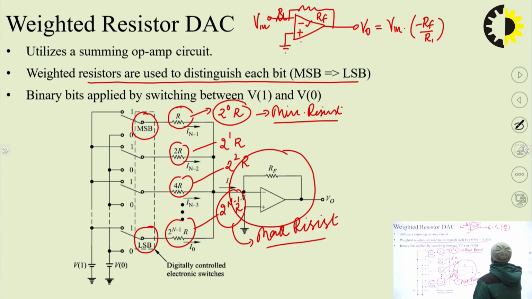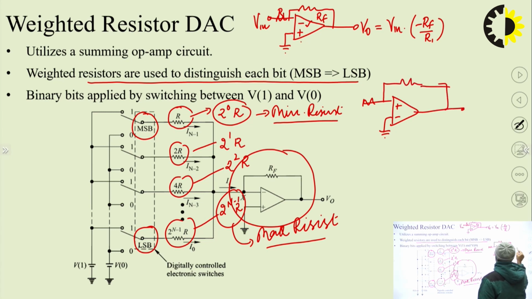Similarly, if I opt for this other configuration, with a resistance here, in that case V0 will be equal to 1 plus RF upon R1 into Vin.